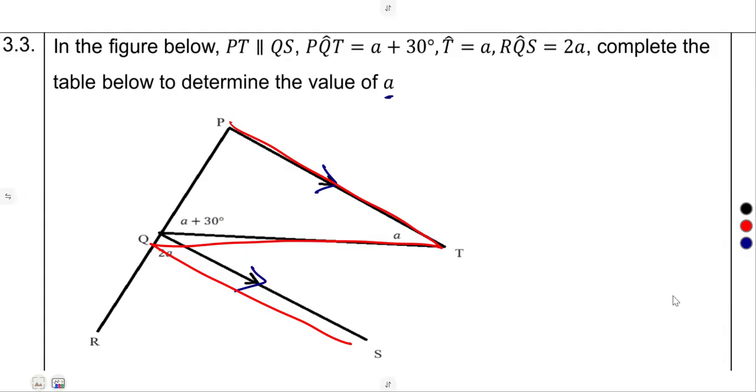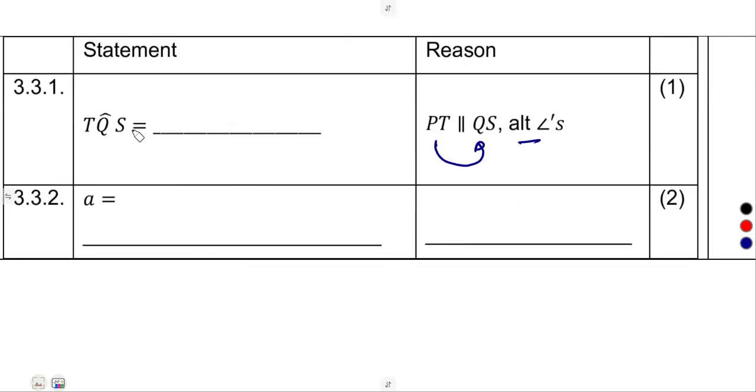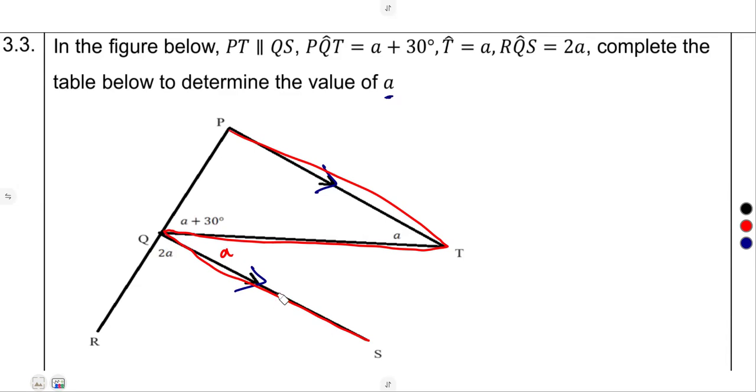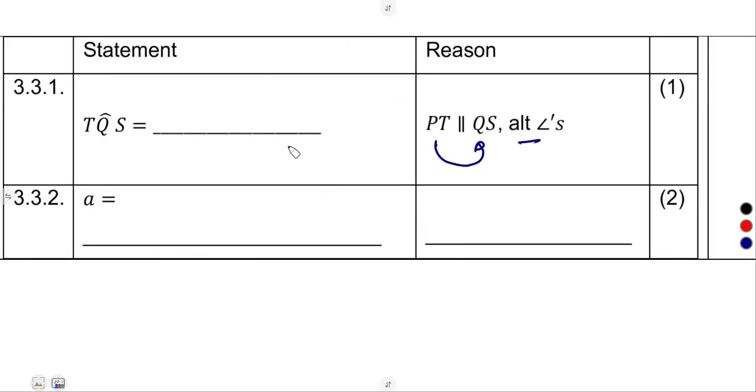Remember, alternate angles are equal. So that's the angle at T and the angle that is at Q. They're equal, this one, which is the one they indicated as TQS. TQS is also this one, alternate angles. So angle TQS is equal to A for that reason that you're given.